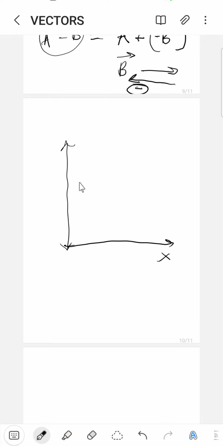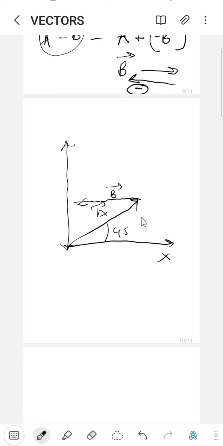Okay, we have the x-axis. The initial graph was, this was our vector A, and our vector B was in this direction, right? But since A minus B only means you are adding A with a negative B, like we've shown there, A plus brackets negative B, which means you are adding negative B to A, just like we added B to A in the first example. Now, the question is, what is negative B?